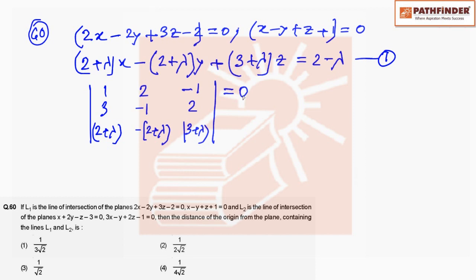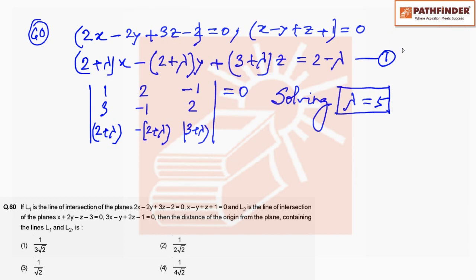So the value of the determinant will be 0. I am just skipping the process of solving. Solving, we are getting lambda equal to 5. Lambda 5 means we are getting the equation of plane 1.